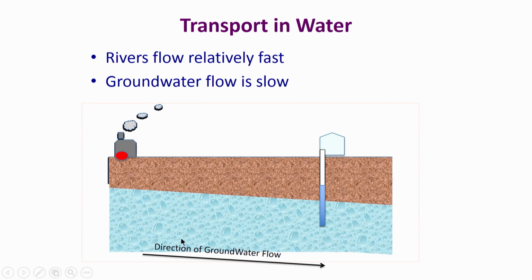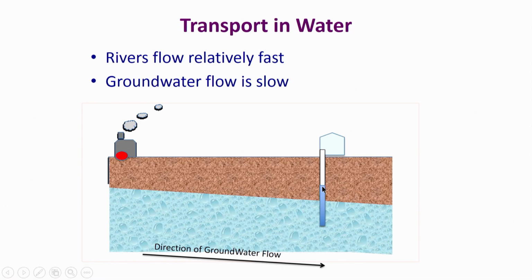Groundwater is when the soil is completely saturated with water, all the pore spaces are filled with water, and we have a source here. We also have a receptor. The groundwater is accessed by means of a well, and we see that the well water is rising in this well, and this is supplying this particular receptor with groundwater.